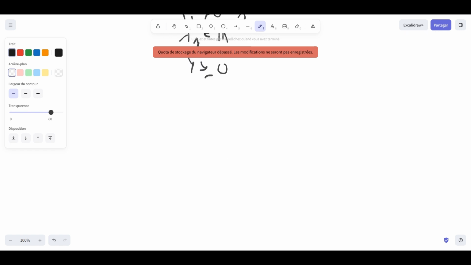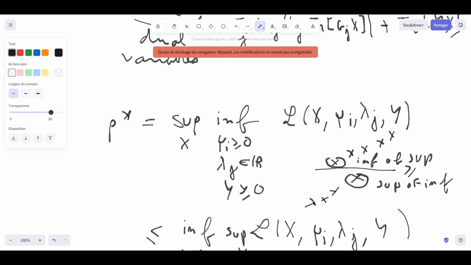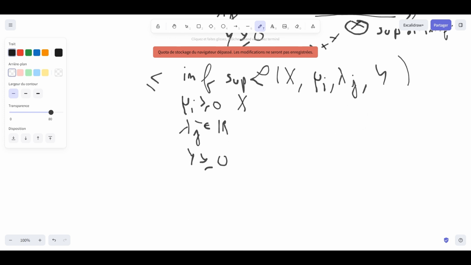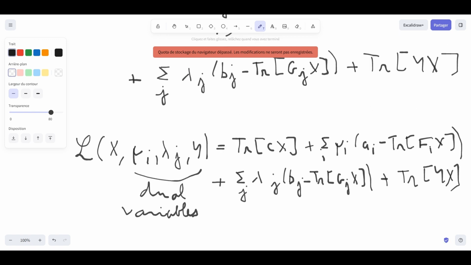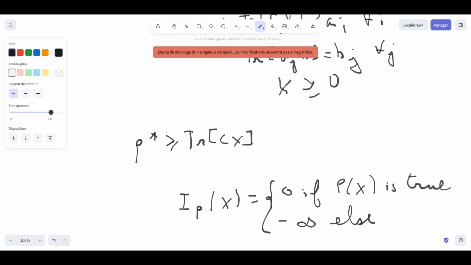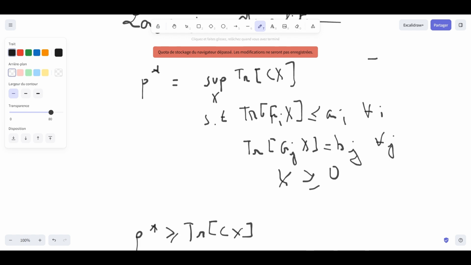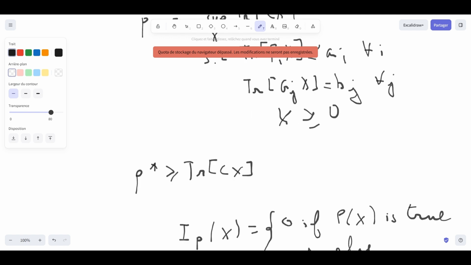So yeah, now we have this, what is our new problem? Rearranging the terms in the Lagrangian. So if we rewrite this, as we saw at the beginning, it was easy to find a lower bound on P star.